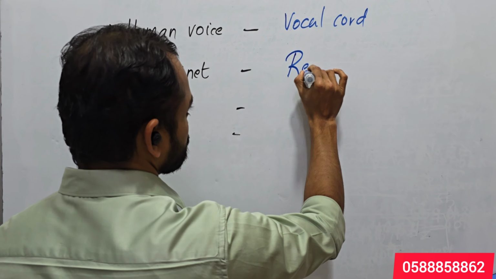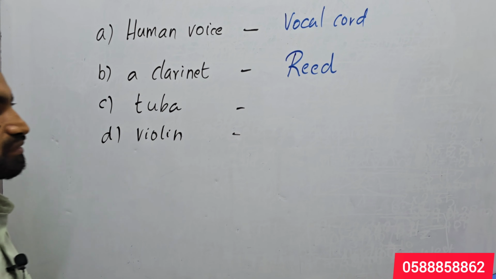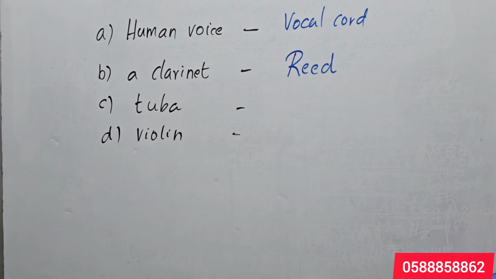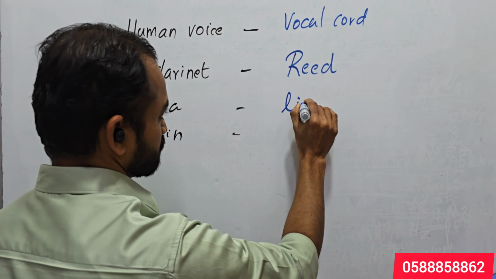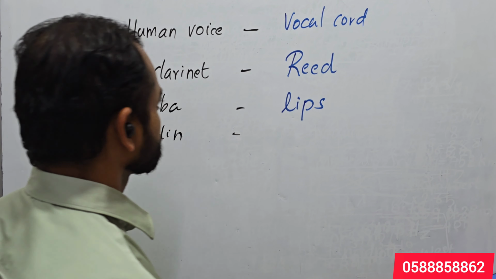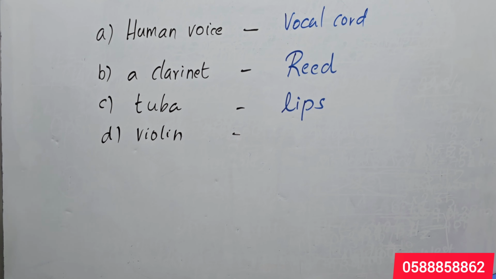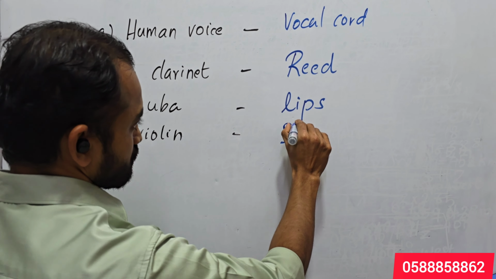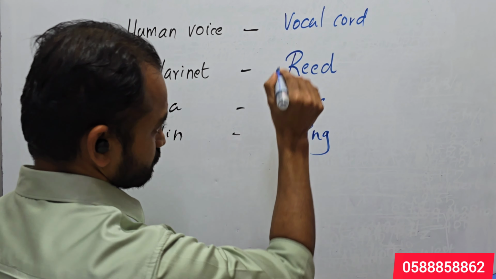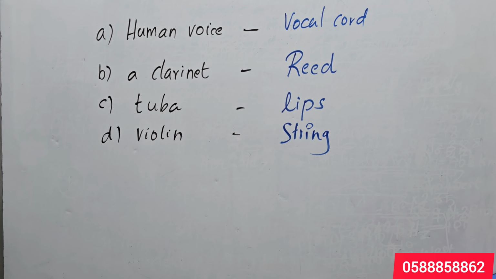It's called reed, right? Okay. In tuba, lips of the player, right? Yes, good. Lips of the player. Then in violin, string vibrates to produce sound.